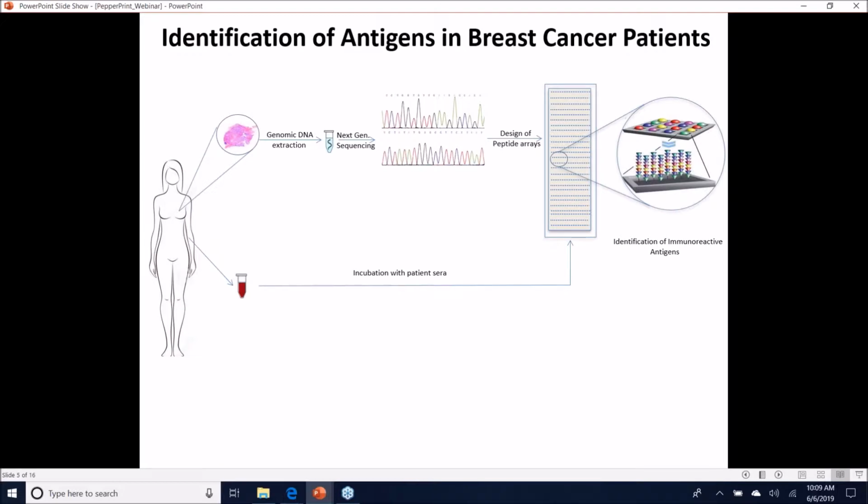So around that time, one of the key questions that was unclear was, if you were to look at the tumor tissue and you see hundreds or sometimes thousands of mutations, are these mutations actually immunogenic? Meaning, our immune system has developed ways to distinguish self and non-self.